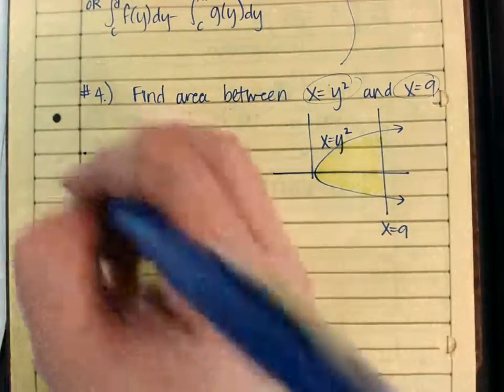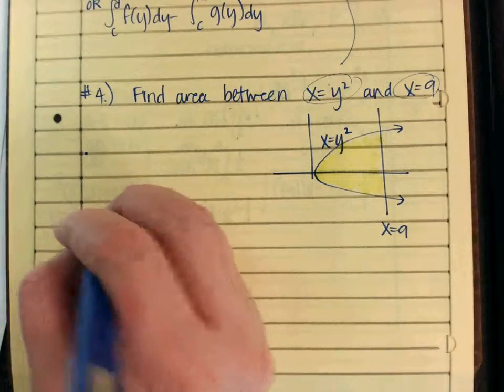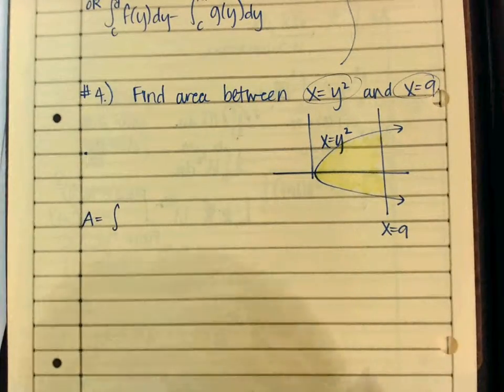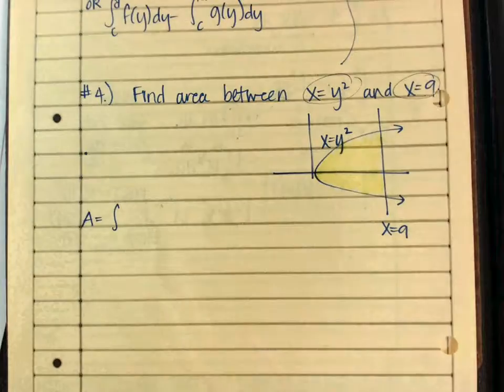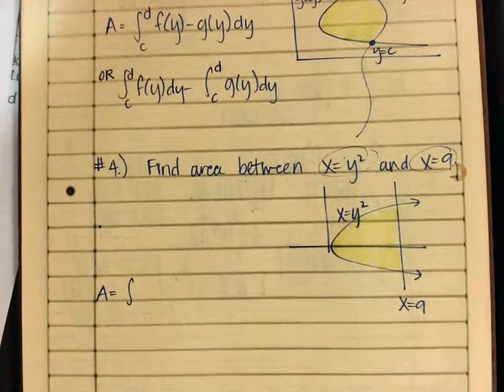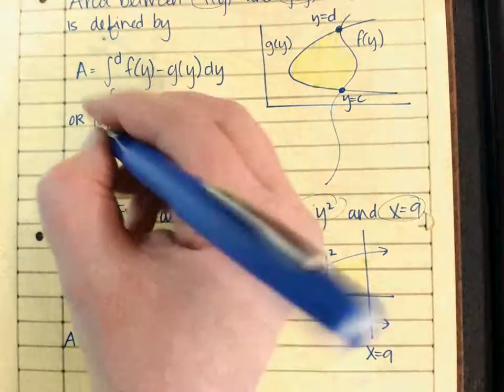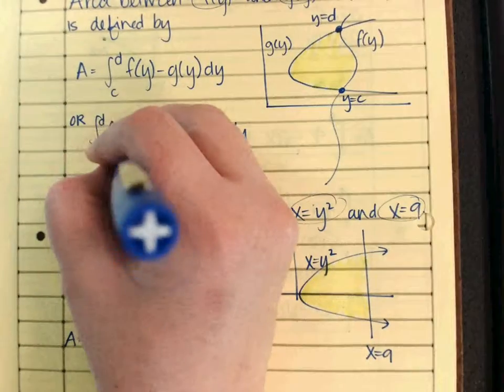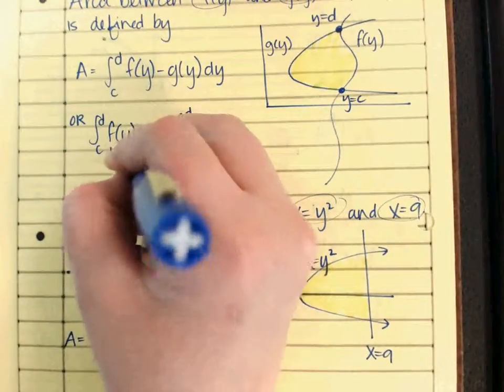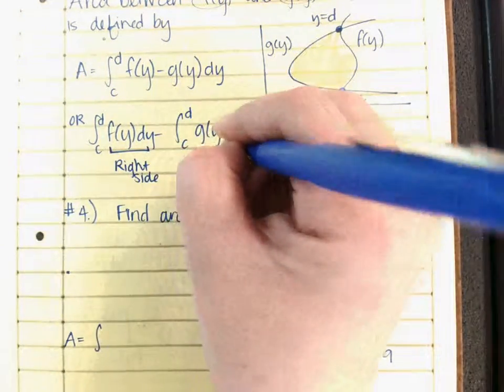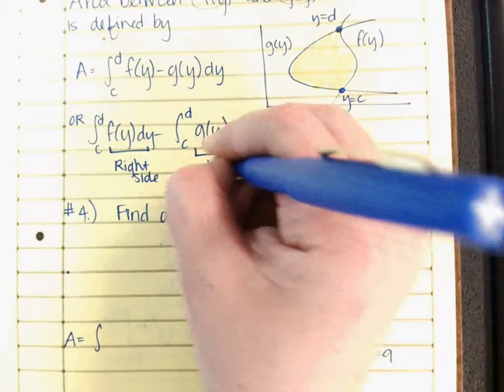So when I set up my integral, it's going to be area equals the integral of right minus left. So up here, I actually forgot to write that. But f of y is always going to be the function on the right side. And g of y is always going to be the function on the left side.